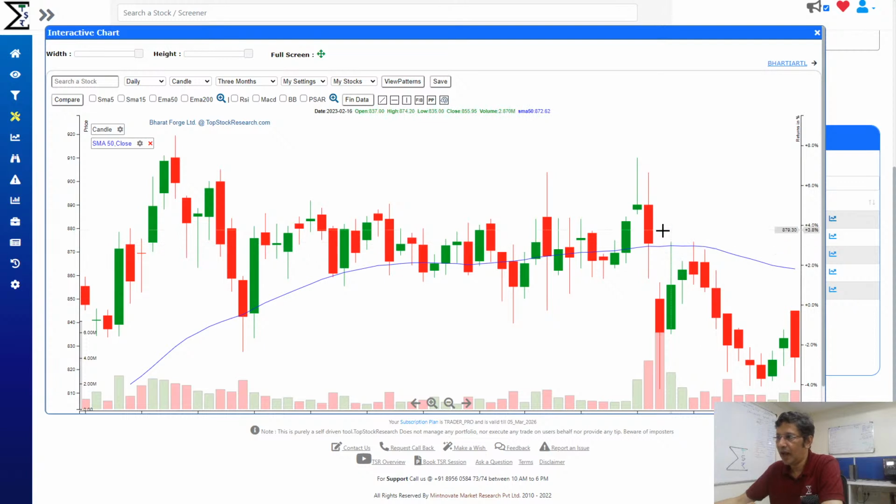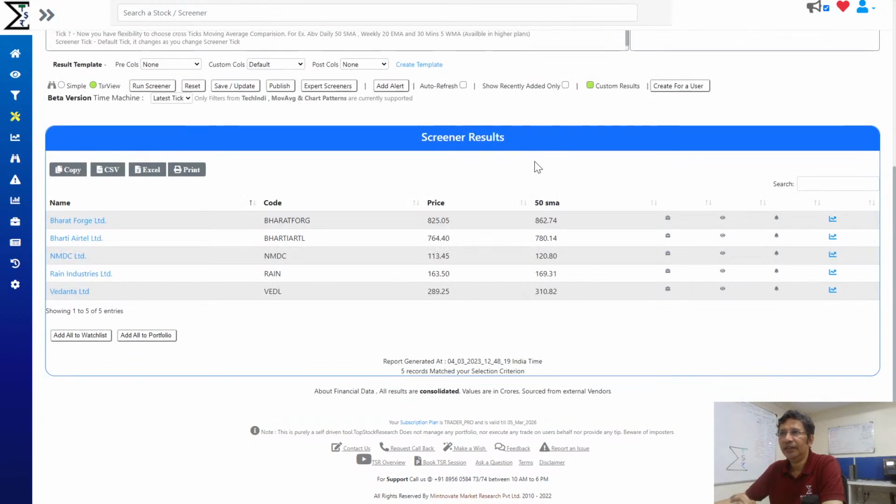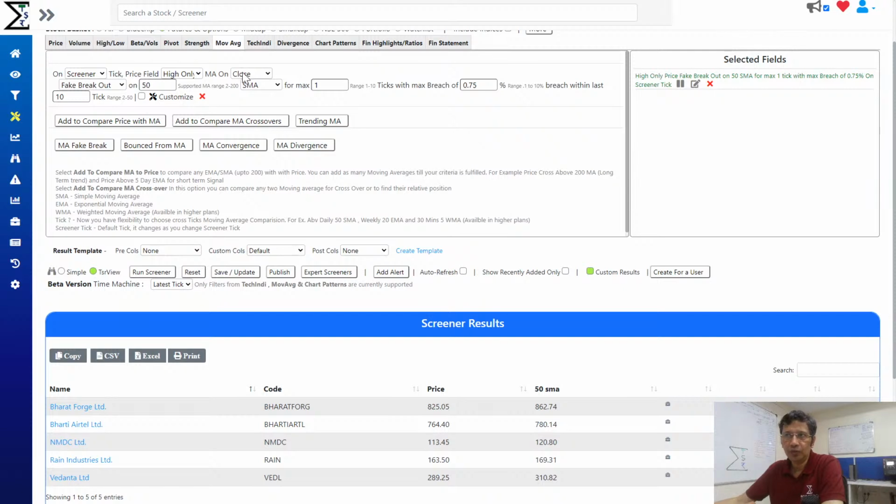A lot of stop losses would happen, and it will happen more in a choppy market and not in a strong trending market, right? So how do you add value to this? By looking at either the close price, or only the high, or only the close or the low, right? So you have an option of close and this also, right?